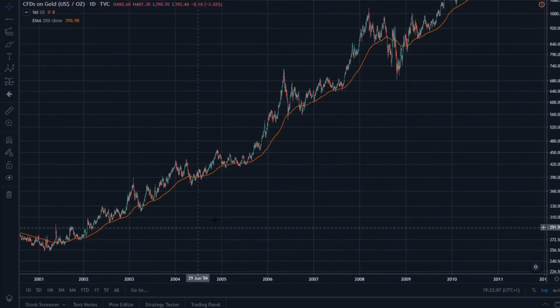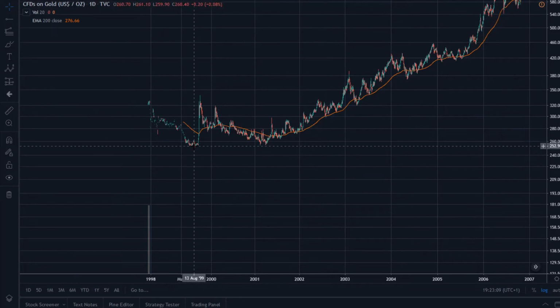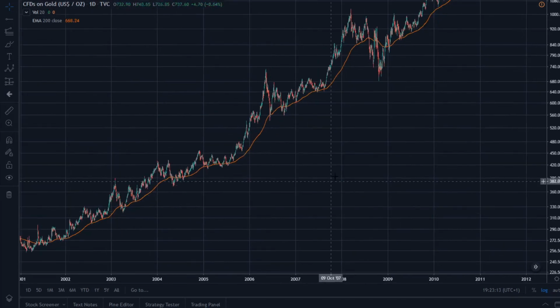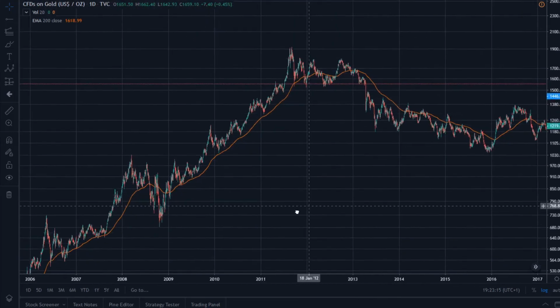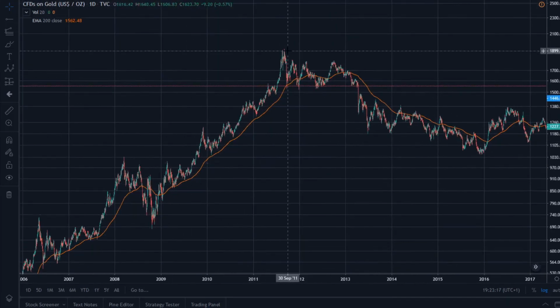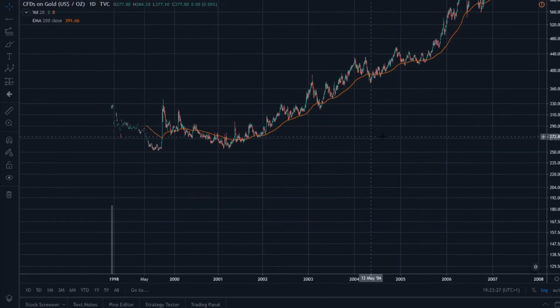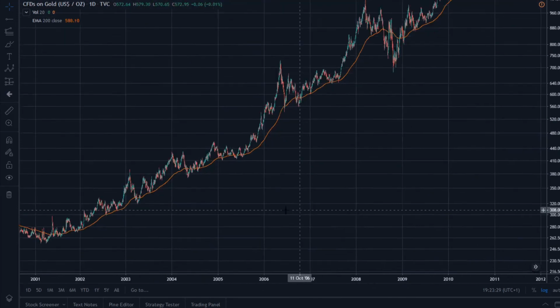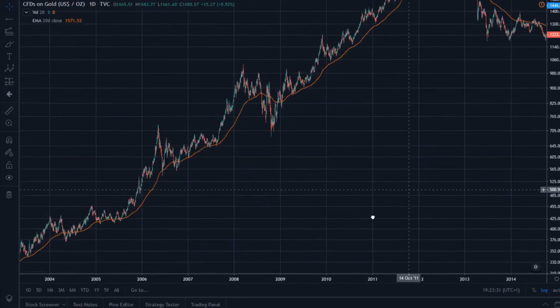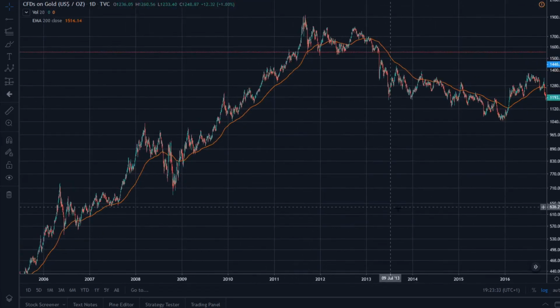We started at $251 for 1 ounce of gold, and made it all the way up to 1918, close to $2,000, within a time span of close to 10 or 11 years. So long term, of course, I'm bullish for gold.